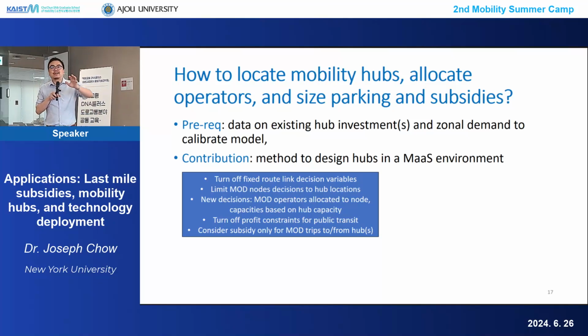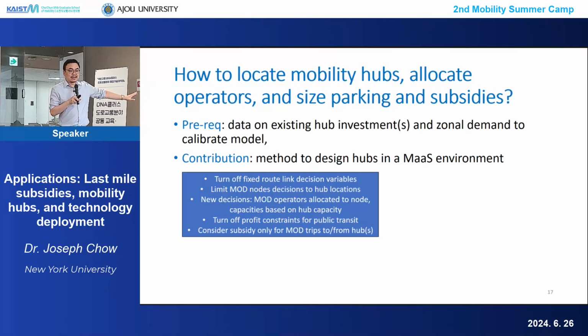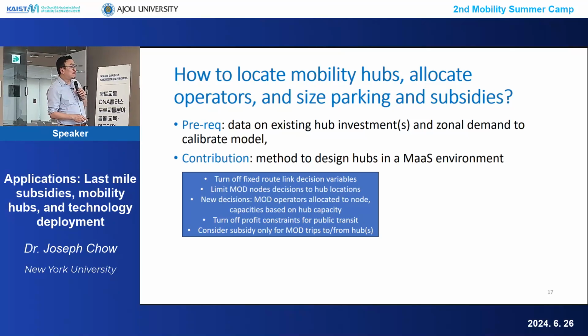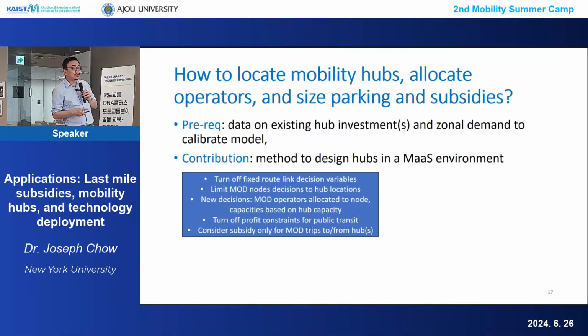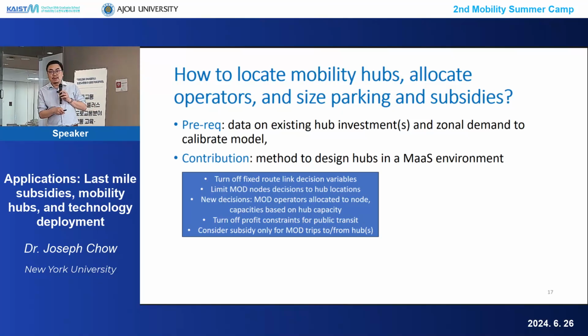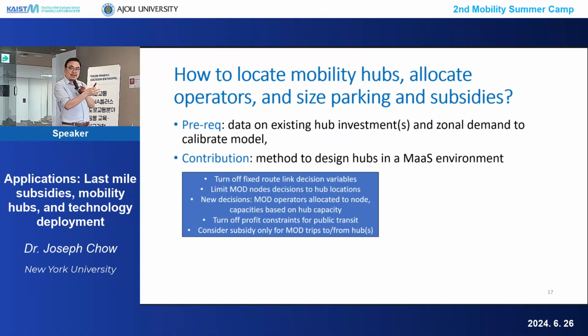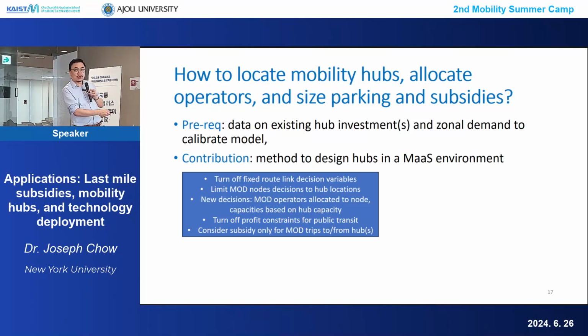So we assume that, let's say, the public transit links are all there already. So those are all parameters, they're not decision variables. We limit the decisions for MOD services only to hub locations and maybe to the centroids. So it's where do we make those connections? It's not like the base model that I showed you earlier that captured all different types, right? But now we can focus it just on hub locations.